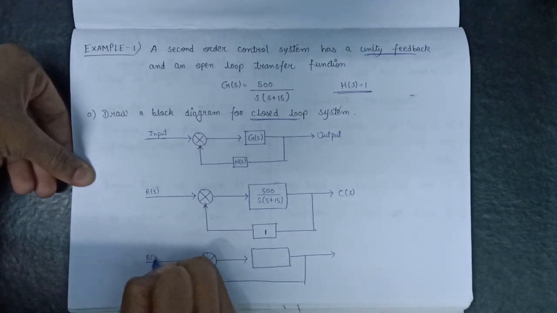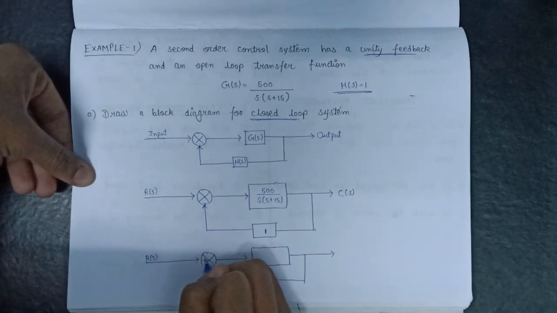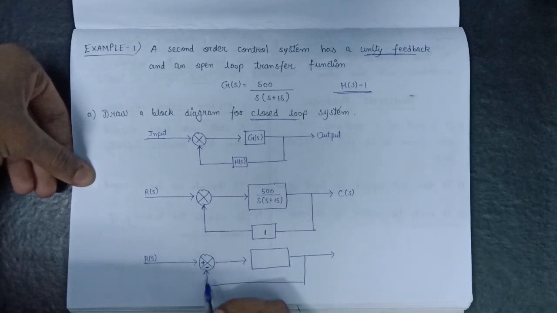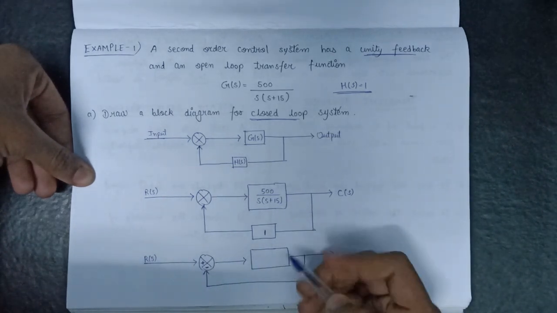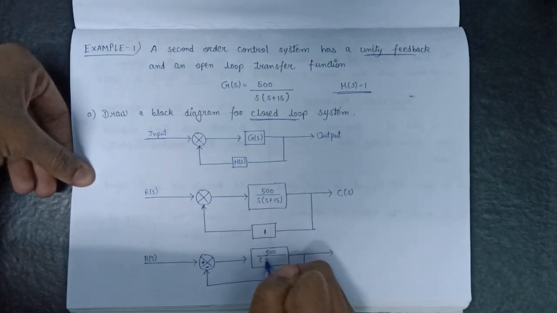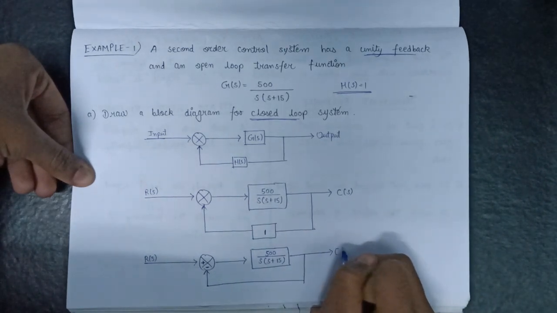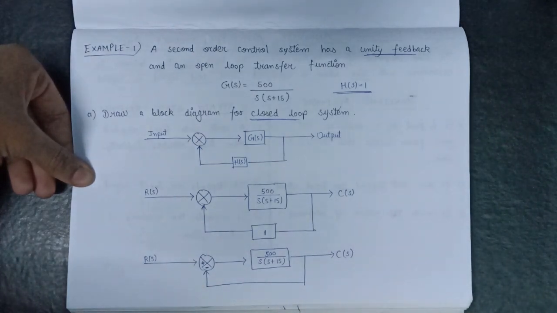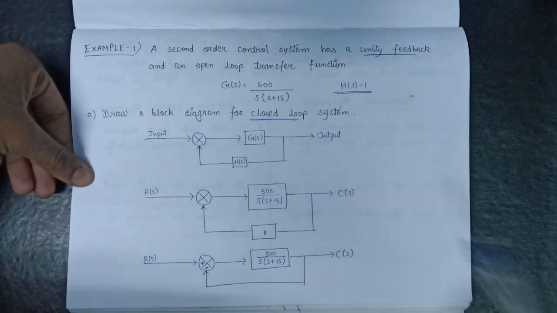This is R of s, which is input to this system. It is connected to the positive, and since it is a negative feedback, we write minus sign here, and here we copied this term, that is 500 over s into s plus 15, and C of s will be acting as an output of our system. So this is all about the block diagram representation of a closed loop system.